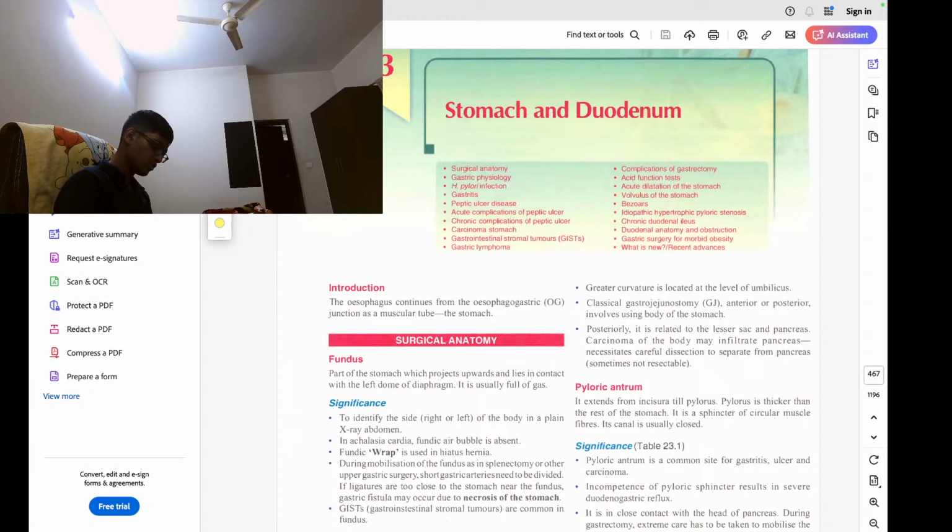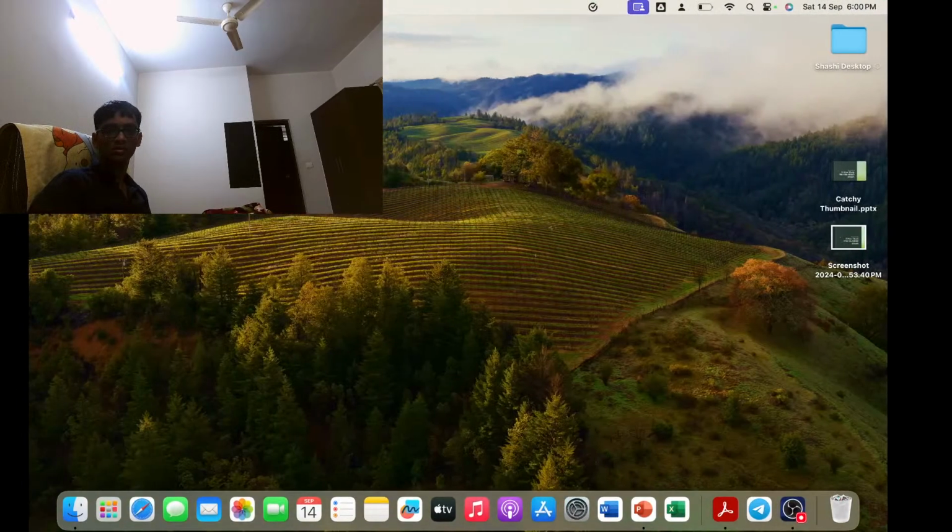GIST, gastrointestinal stromal tumor. Gastrointestinal stromal tumor, GIST. Very good topic. Plus types. Then, okay, just a second.